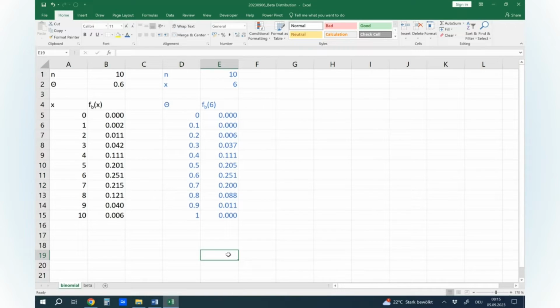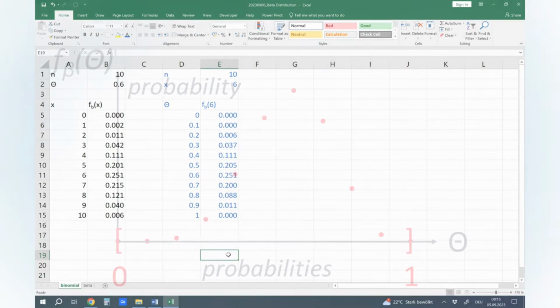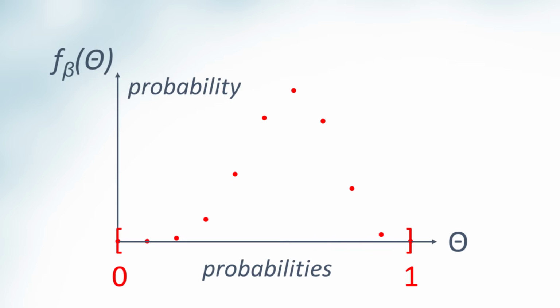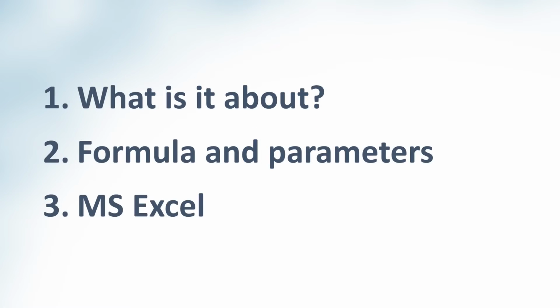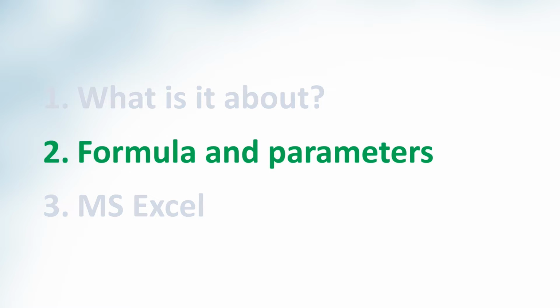And what we've done here is, in essence, what the beta distribution does. It explores the probability of probabilities, but not merely for a limited set of a few examples, like I've illustrated, but rather for the entire spectrum spanning from 0 to 1. Let's delve into the formula.